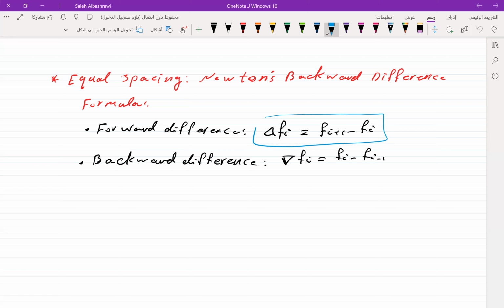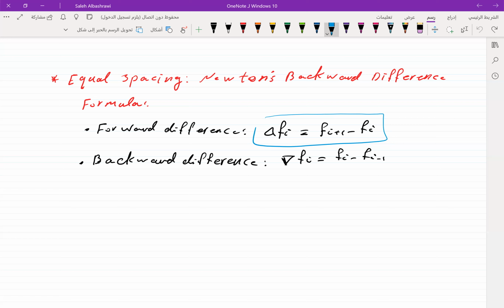Today we are going to speak about the Newton backward difference formula. The backward difference is given by the upside down delta, nabla f_i equal to f_i minus f_{i-1}. It is the difference between the current one and the one before. For the forward, it is the next value minus the current one.